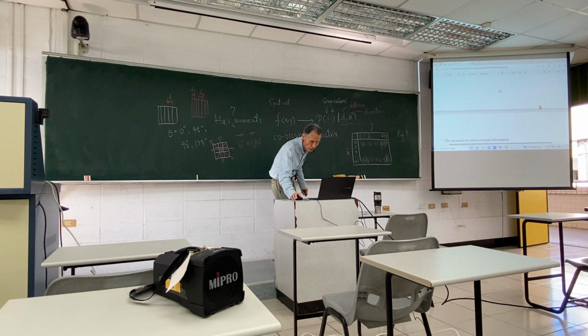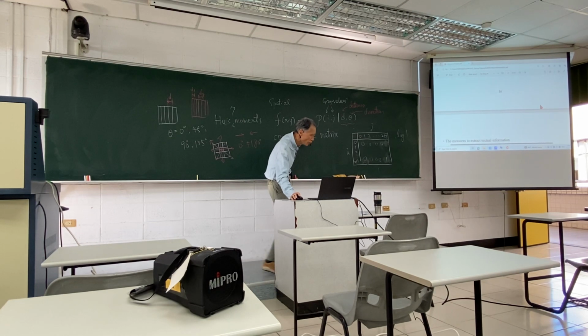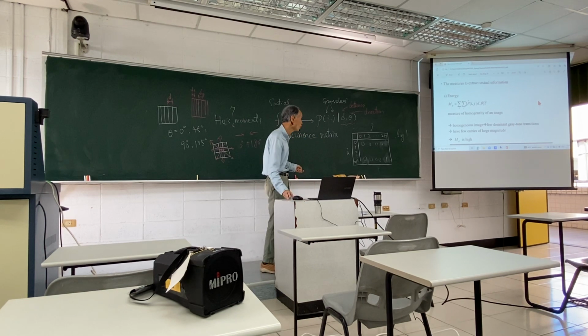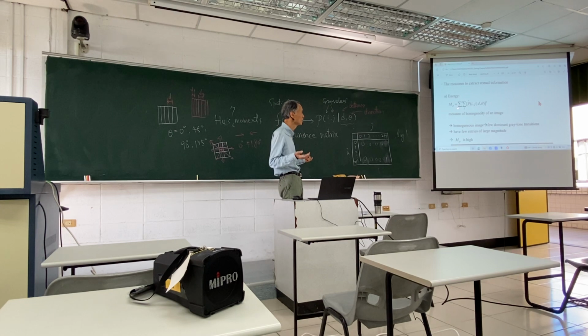Now, next, once you have the joint conditional probability, then we have to extract the texture features. The very first one is nothing but just calculating the energy, for all possible gray values i and all possible gray values j, the summation of Pij squared.